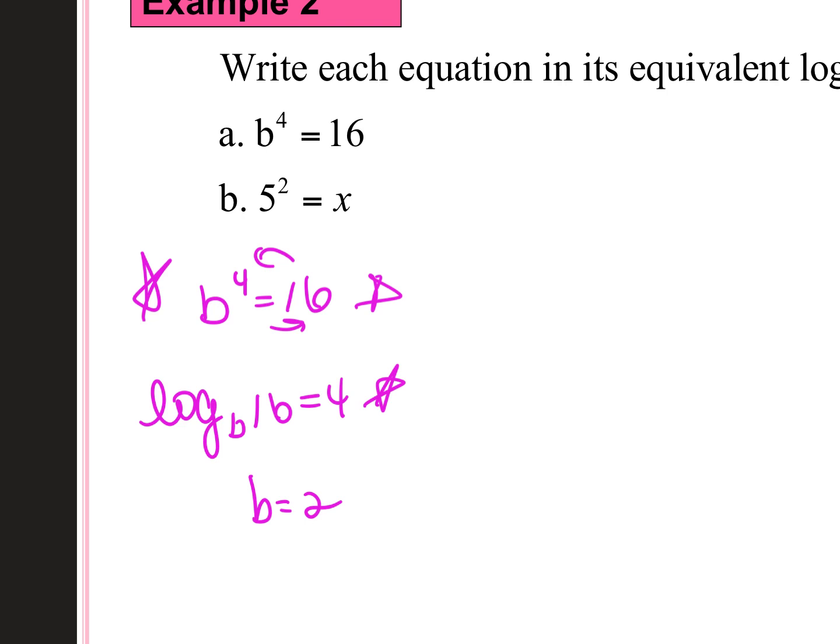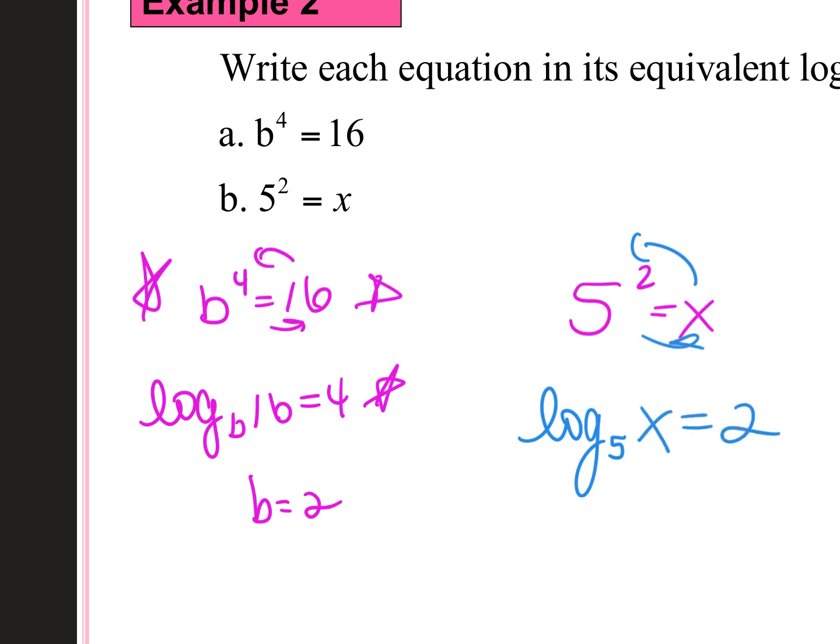So here I have x equals, or I can leave it like it is, 5 squared equals x. So think about it. If we're going to go to log, I write the word log. First of all, what's my answer? What's x equal? 25. Okay, because we think exponentially. But I write the word log, and what does my little number become? 5. And then what happens here? They switch.